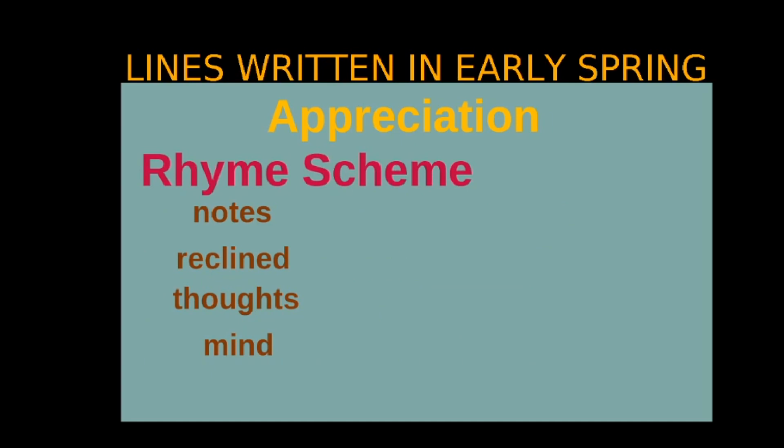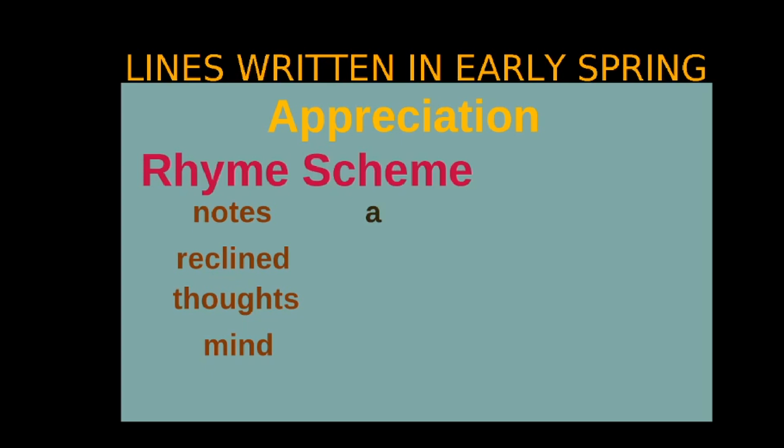And now let's come to finding the rhyme scheme. Rhyme scheme uses the letters of the English alphabet. So here you have notes, which is ending with S sound. So in that stanza, wherever S sound is repeated, you have A. That is the first letter of the alphabet. Then you have reclined. Is it the S sound at the end?